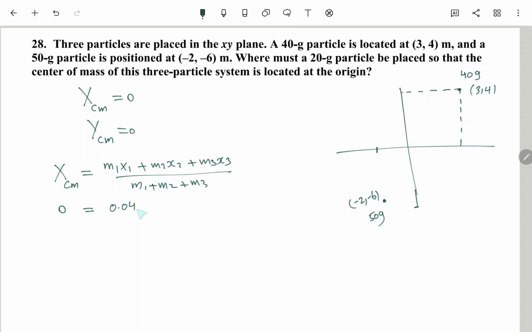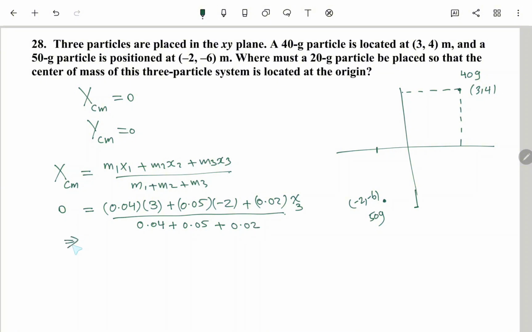So 0.04, because we have to convert it into kilograms, times 3, the x position, plus m2, it's 50, which is 0.05, times the x position, it's -2, plus 20 grams, it's 0.02, and we have no idea about its position, so let's keep it x3, divided by 0.04 plus 0.05 plus 0.02.